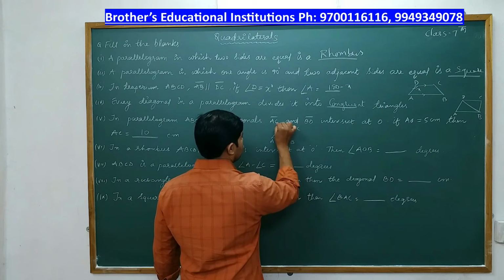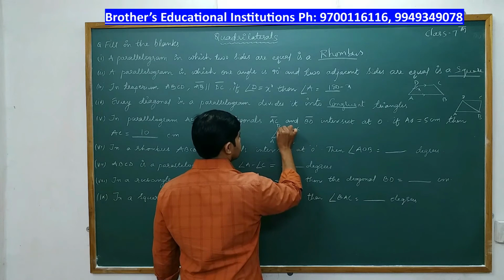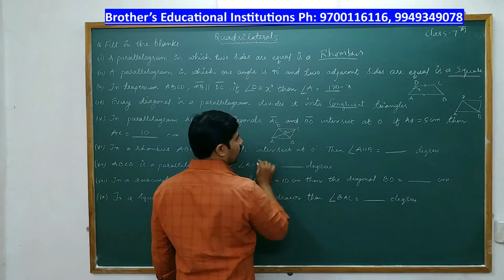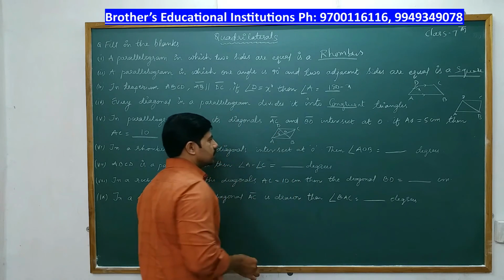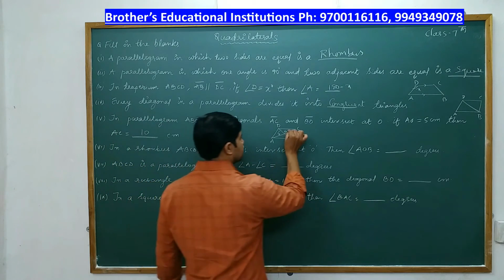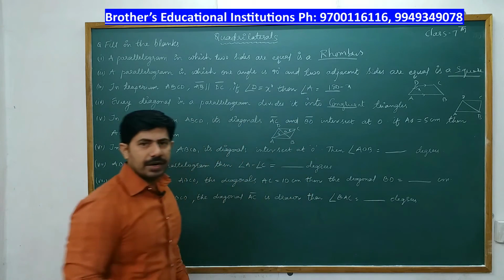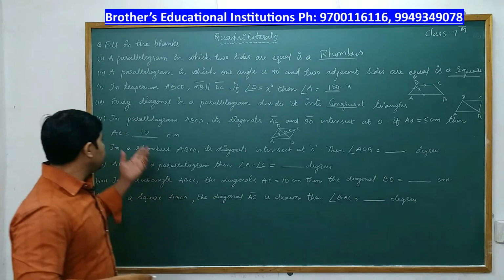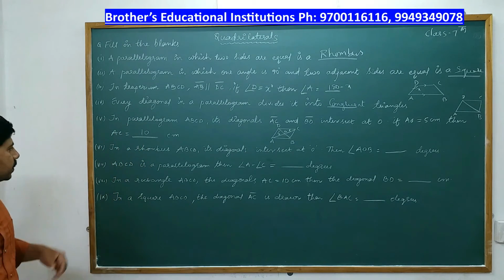ABCD is a parallelogram, the diagonals intersect at O and OA is 5 centimeters. Then OC is also 5 centimeters, because in a parallelogram diagonals bisect each other. Then AC will become 5 plus 5, 10 centimeters.